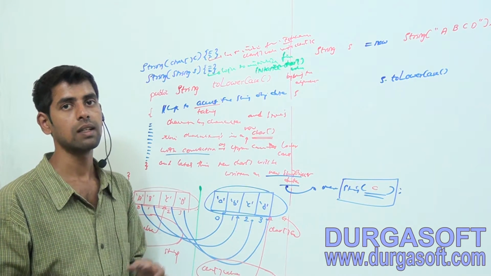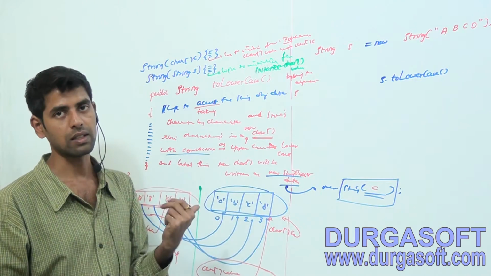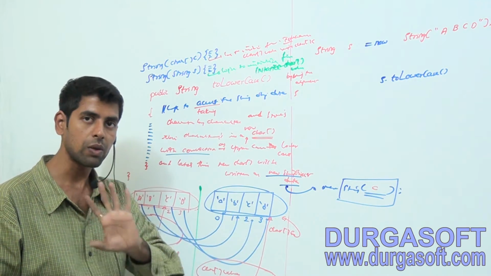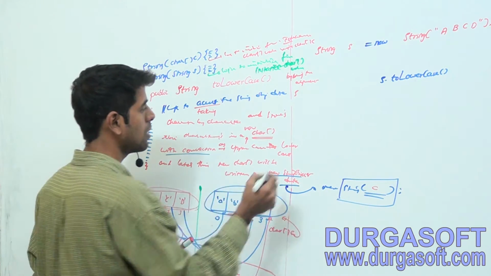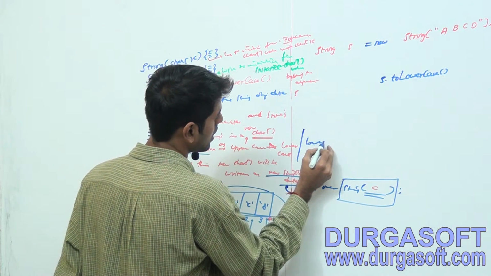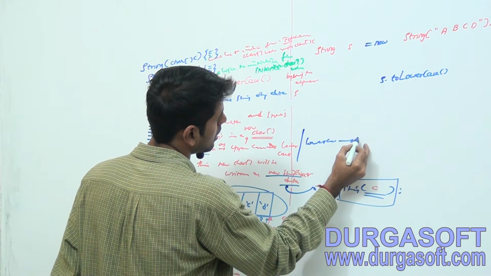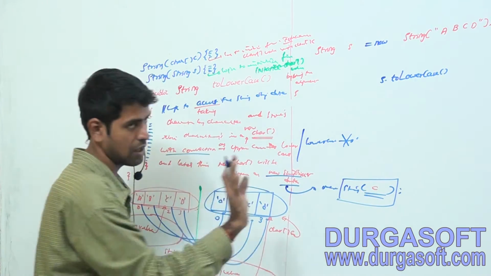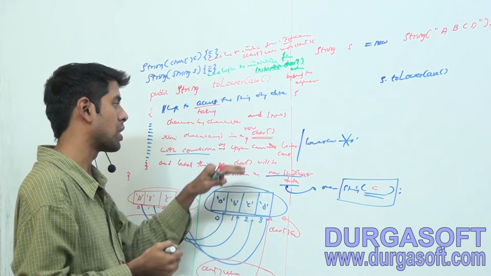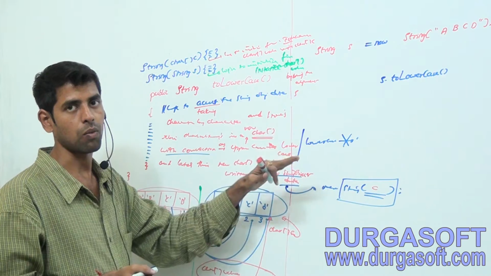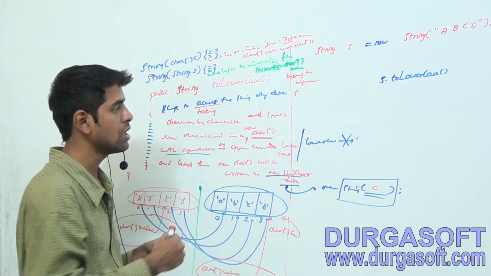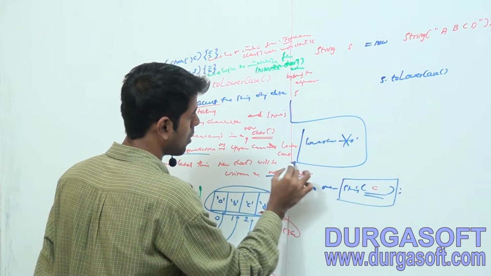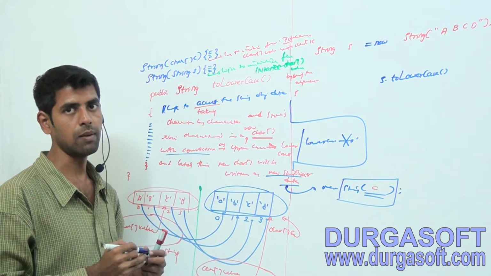What happens if you have lowercase? Simple thing, it will not do any conversions. If there are lowercase alphabets, it will not perform any conversions. If there is uppercase, then only it will perform conversions. This is also one important thing we have to keep in our brain.